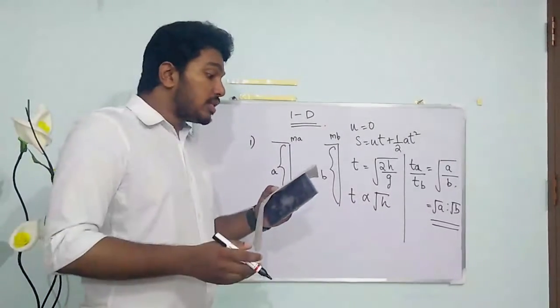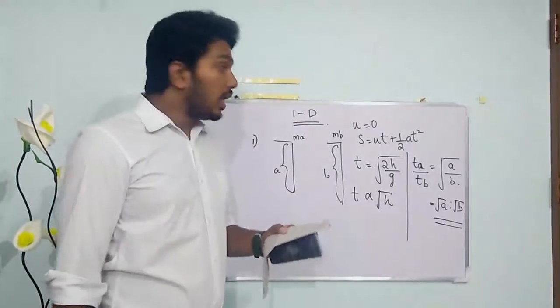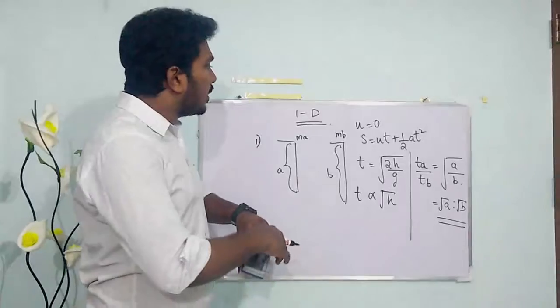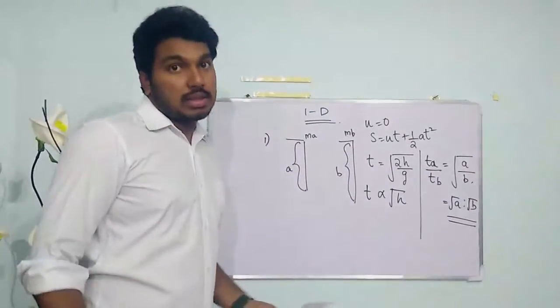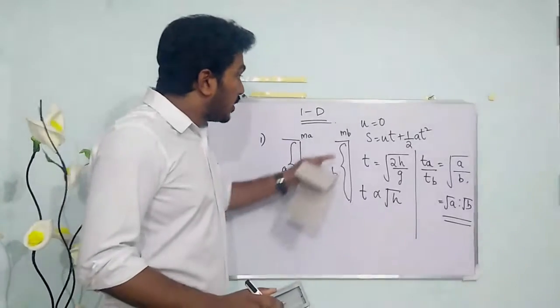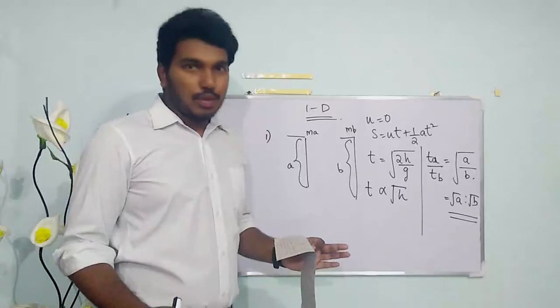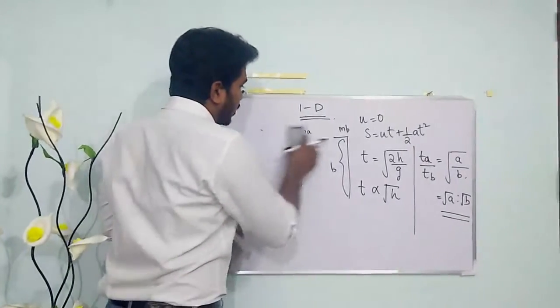The option for the question is option C. This is given over there. Root a is to root b is the answer. Is it clear? So here we are making use of the equation of motion and we are solving this. So remember that the time does not depend on the mass. Clear? So let's move on to the second question.